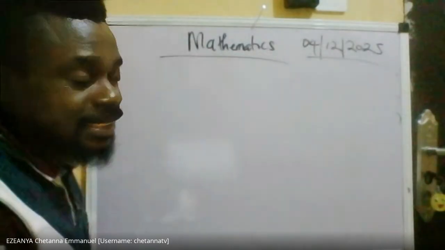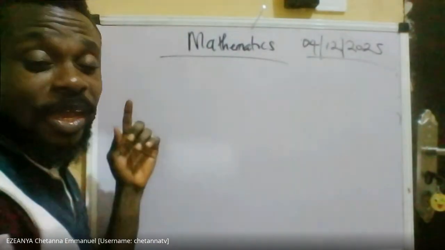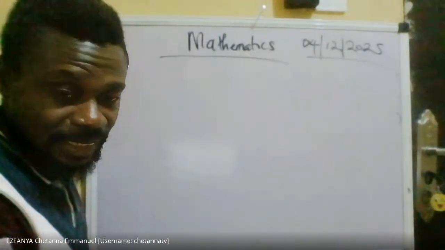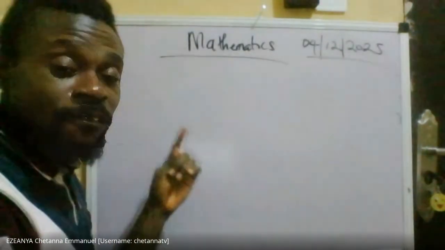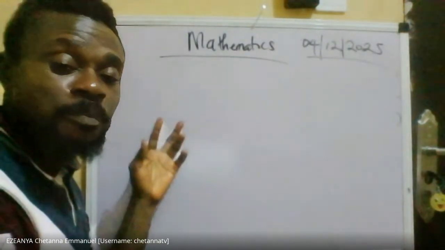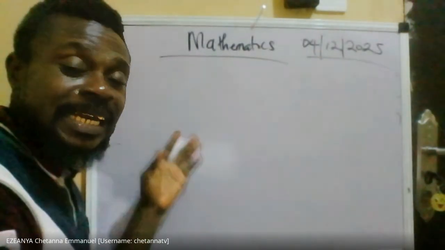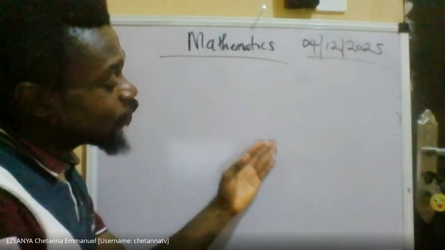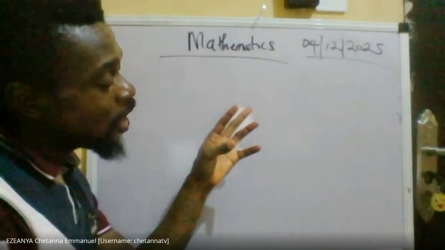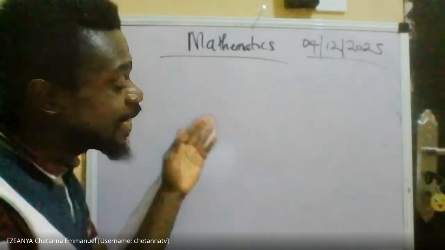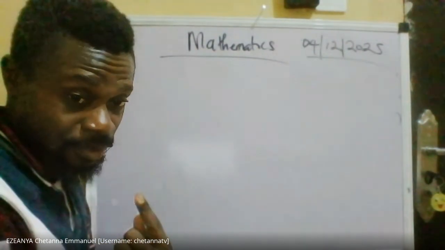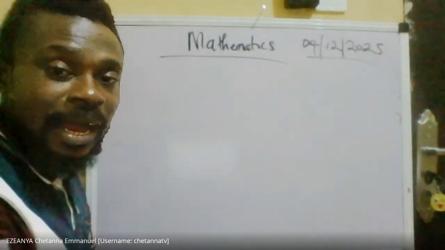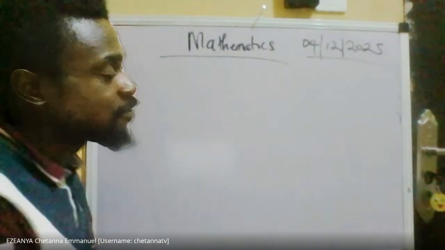The second instance is this. If the difference of the sum of all the digits in the odd position from the sum of the digits in even position, if their difference is 11 or multiple of 11, that number is divisible by 11.